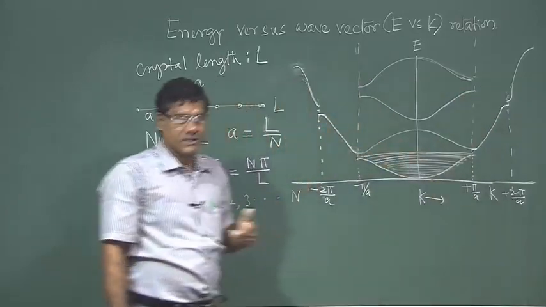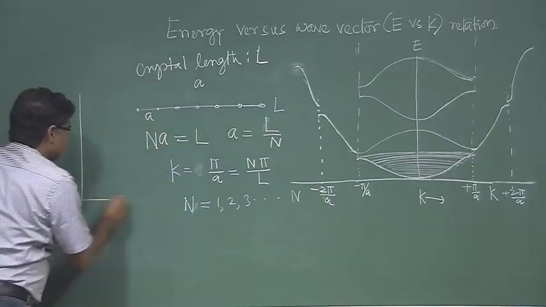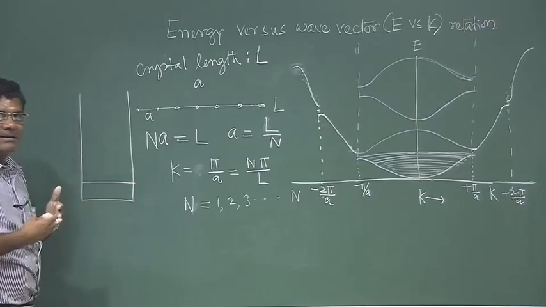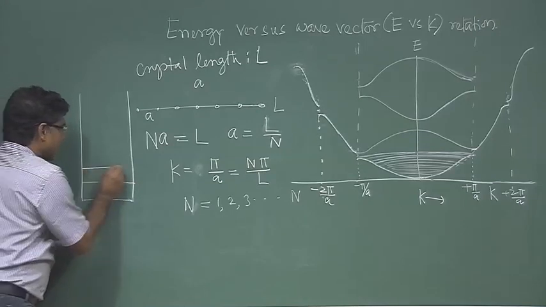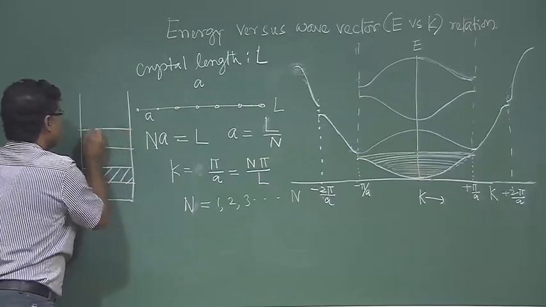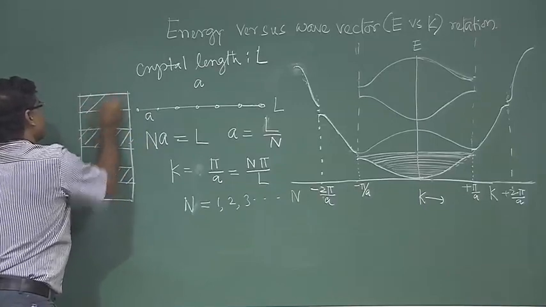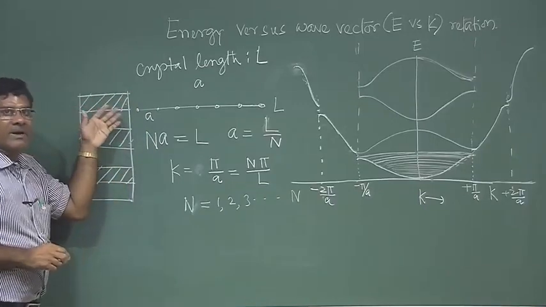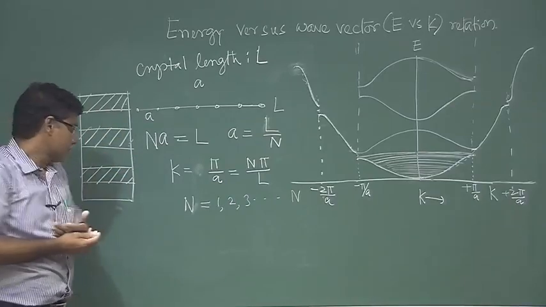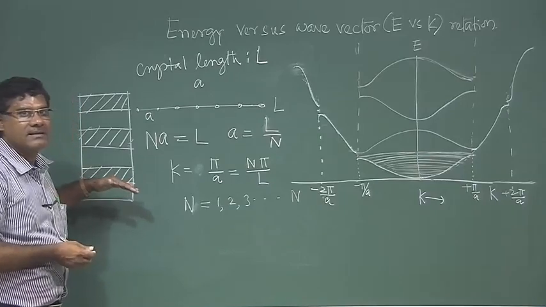So, in a periodic lattice, in a crystal, we have the band, right. Now, for an infinite crystal, this band has continuous energy, okay, there is no discreteness.